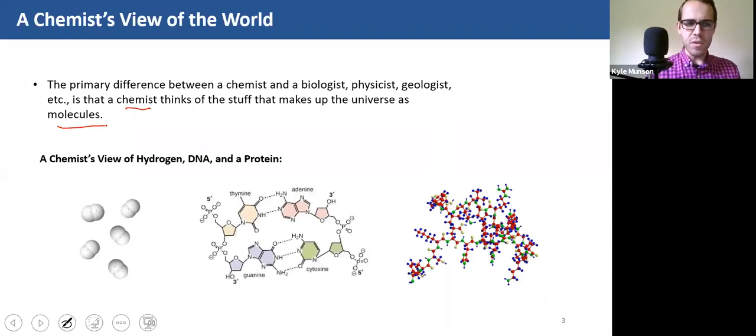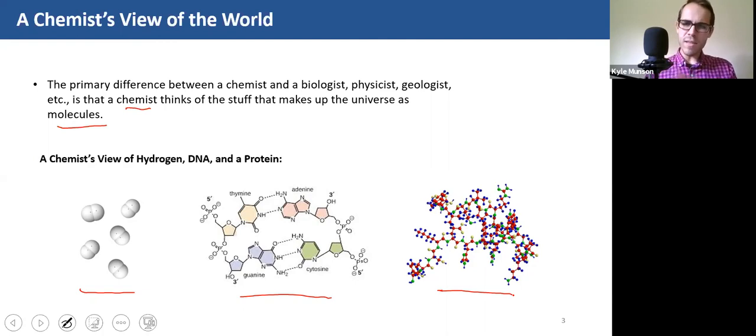This is a chemist's view of hydrogen here on the left, DNA here in the center, and a protein here on the right. So each one of these examples is showing the molecular structure of these things. And if they seem complicated now, don't worry about it. We're not really going to be covering proteins or DNA in this course.